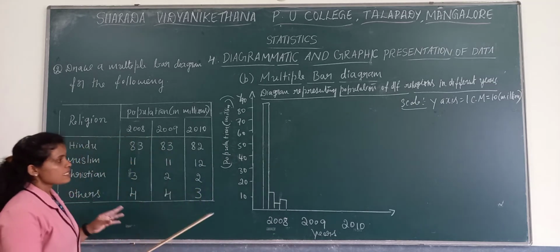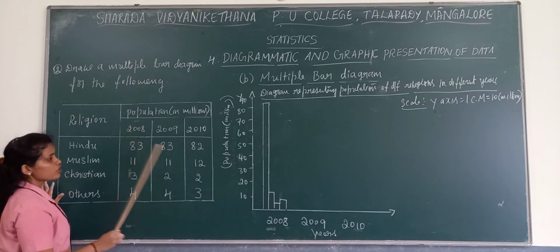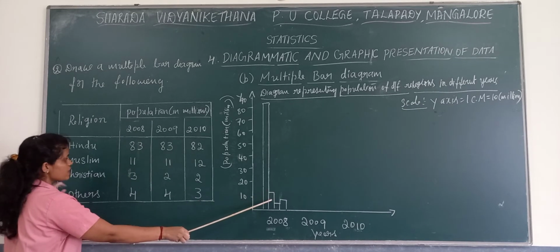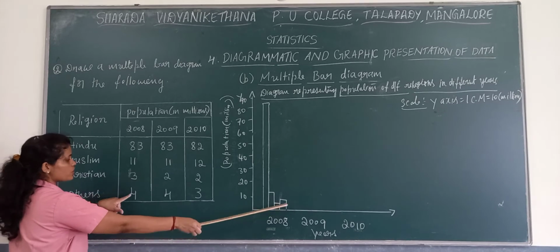So here, in the year 2008, we have Hindu population, Muslim population, Christian population, and other population.